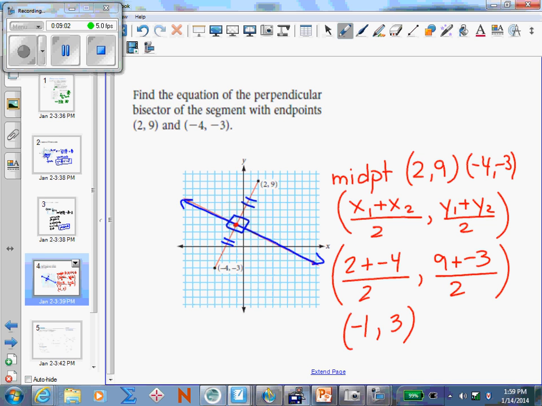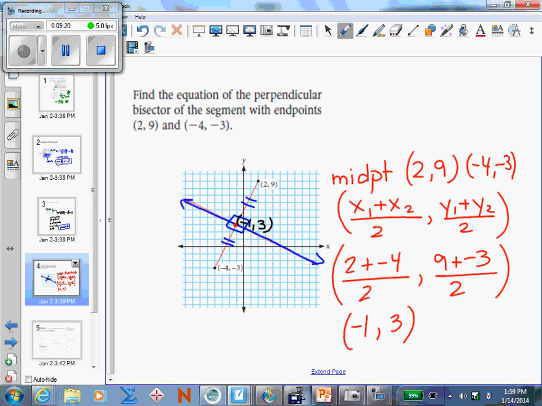So the coordinate point right here on our graph is (-1, 3). So now we have a point on the line that we want to write the equation of. We don't know another point on it, and we still need to know the slope.